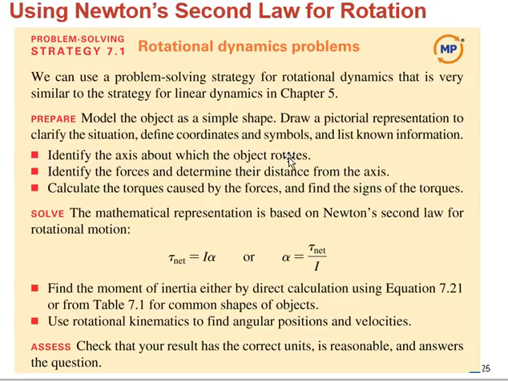So we identify the axis around which the object rotates. We identify all the forces, calculate all those torques, and then basically use one variation of Newton's second law, alpha equals net torque over moment of inertia, or multiplying both sides by the moment of inertia, net torque equals I alpha. We'll use that formula to link a lot of different things together, and then use our rotational kinematic formulas that we talked about earlier in the chapter, such as omega equals omega naught plus alpha t and all those other equivalents. So let's get started on some problems here.